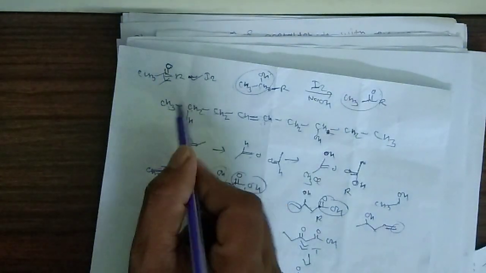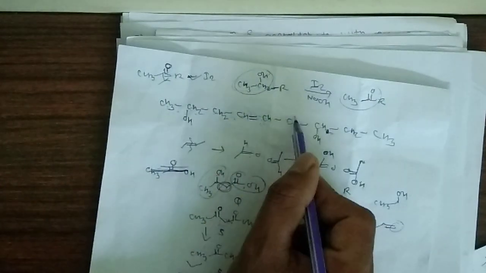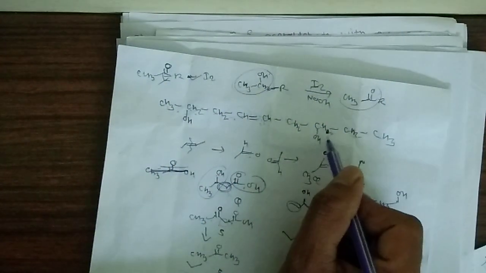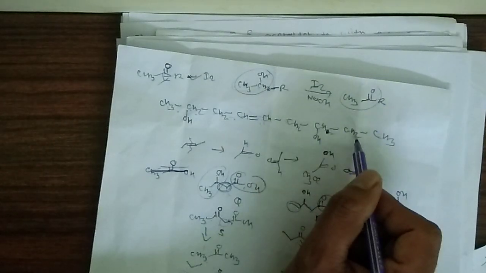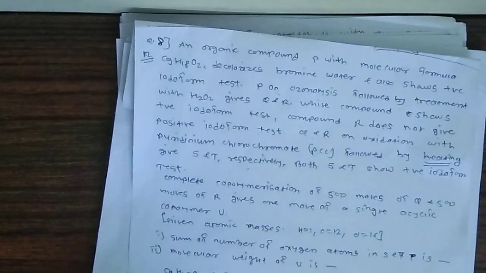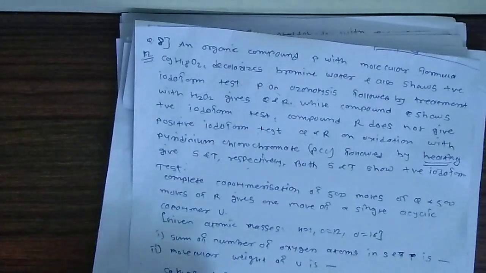Now count the number of hydrogens: 3, 3, 6, 3, 9, 3, 12, 13, 15, 18. Means 18 hydrogens are there, so this is the structure of P which we required. So from that we can find out the answer of the first sub-question.